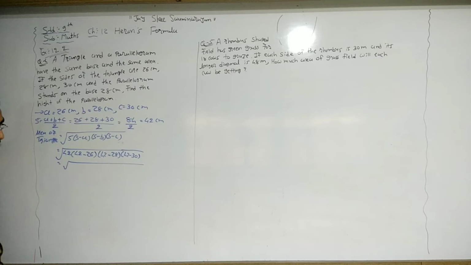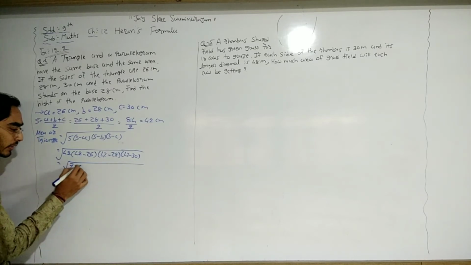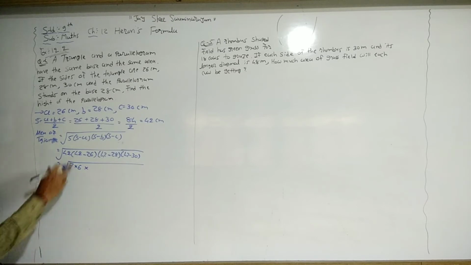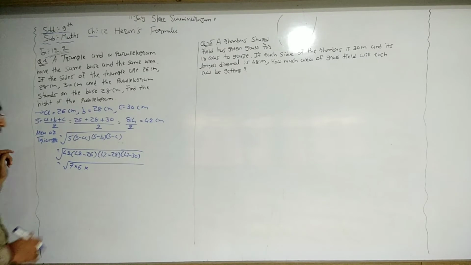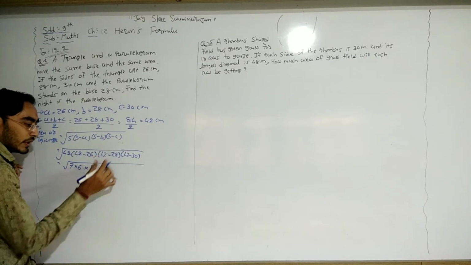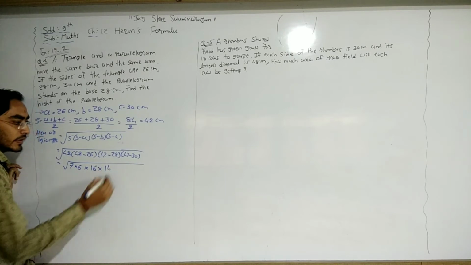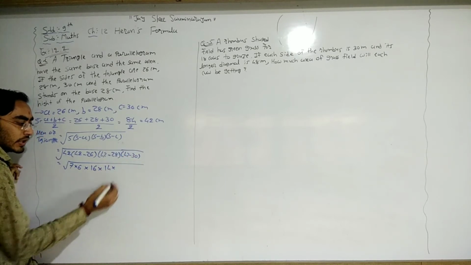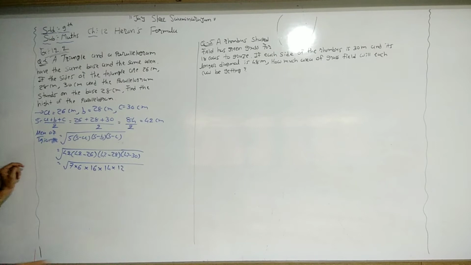Now 42 minus 26, it is 16. 42 minus 28, 14, and 42 minus 30, 12.